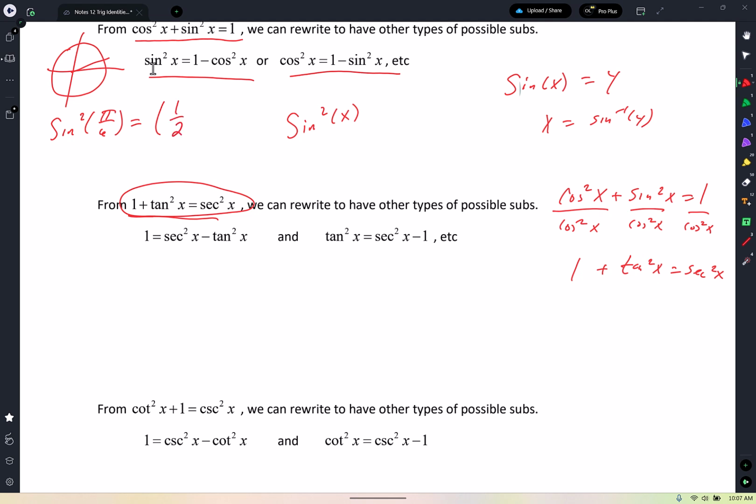So here's how you use it. If there's a square there, you put a square right there. That's what it means. Sine squared of pi over 6 means 1/2 squared. What's 1/2 squared? 1/4. That's just a side note for you guys, because that's what we're having issues with. Are we okay now? Okay.